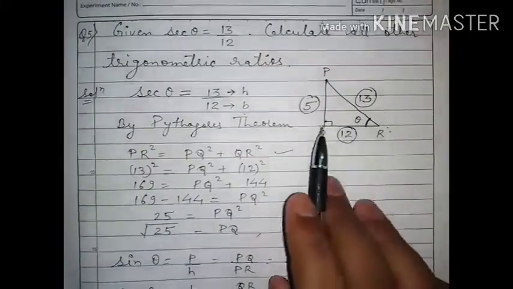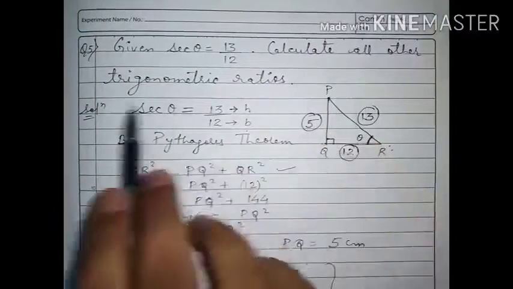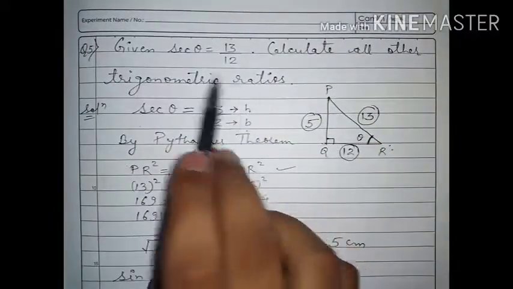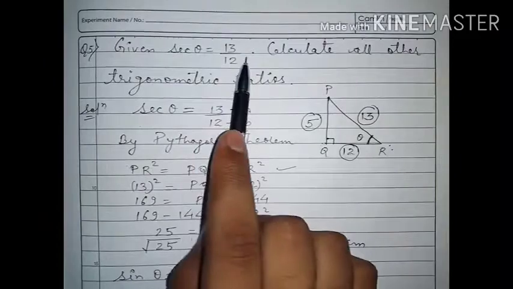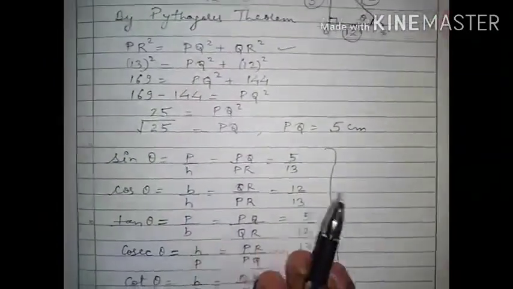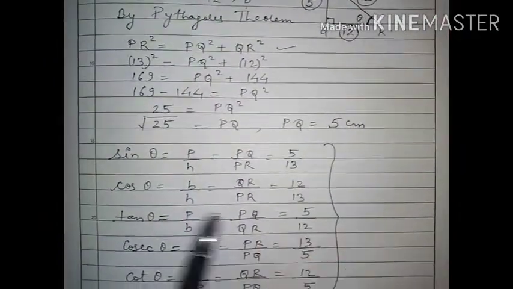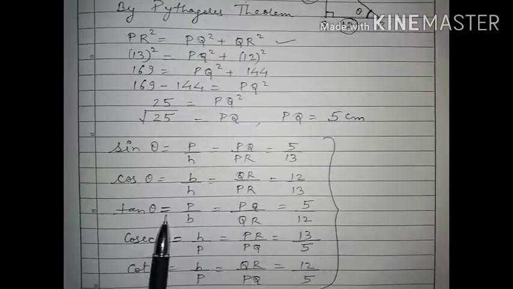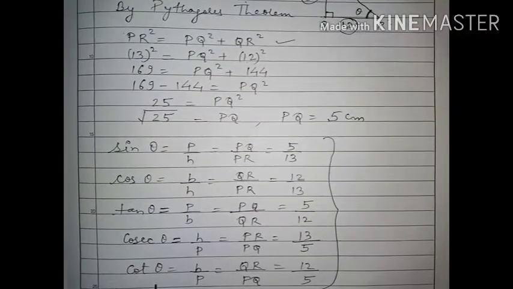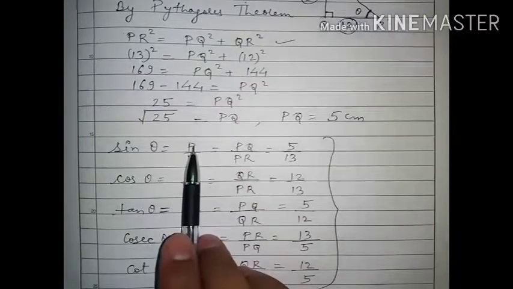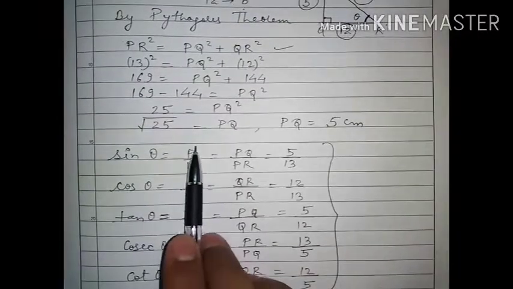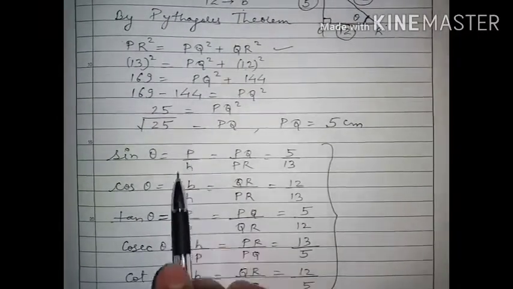Okay, now it is given in the question that you have to find all the other trigonometric ratios. That means sec theta is given, so you have to find the remaining 5 trigonometric ratios, that is sin theta, cos theta, tan theta, cosec theta and cot theta. Okay, sin theta is p by h. First of all, you have to learn all these formulas.